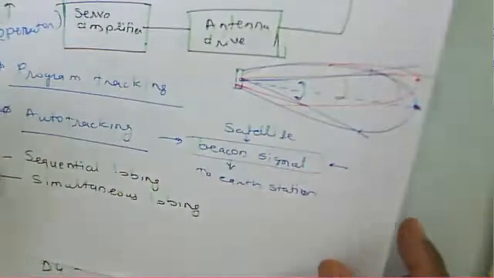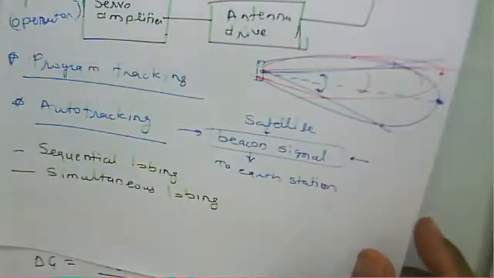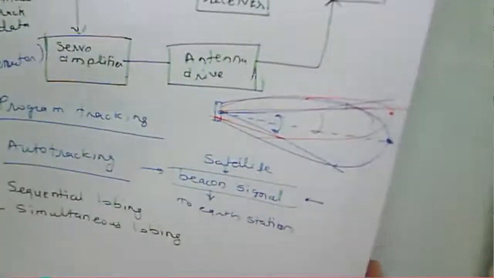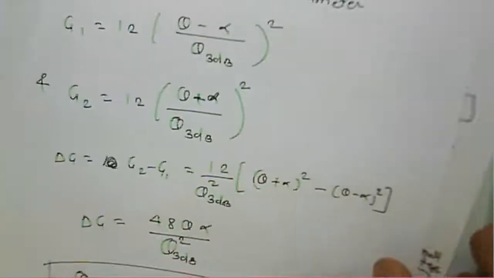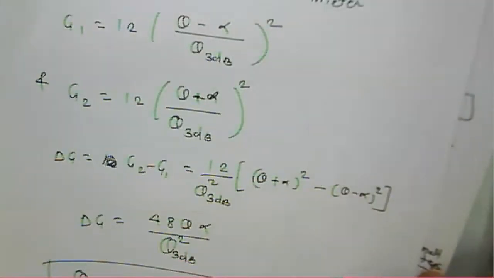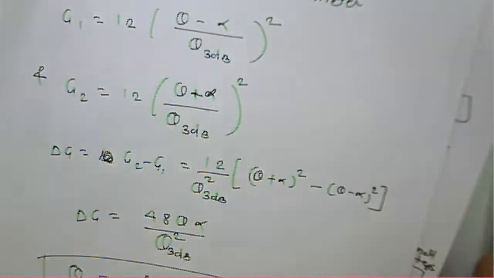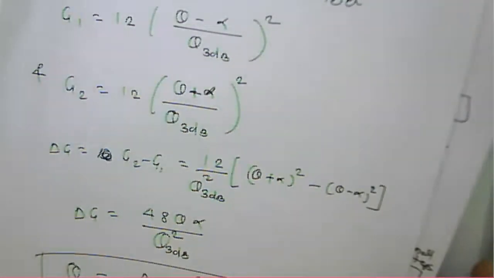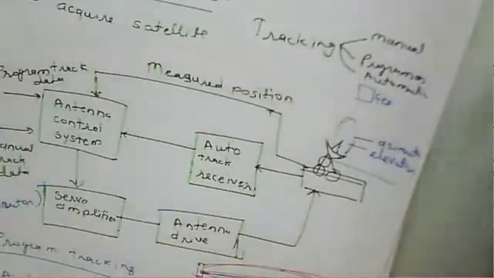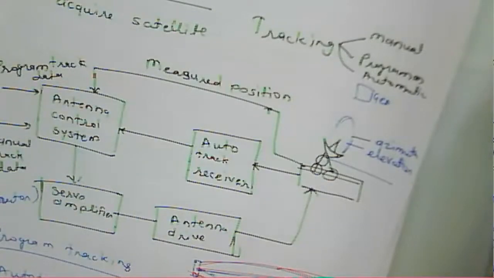And then auto tracking, in which we learned about sequential lobing and simultaneous lobing. And then we have learned how the azimuth and elevation are to be varied there. So that is about antenna tracking for the earth station receiver.